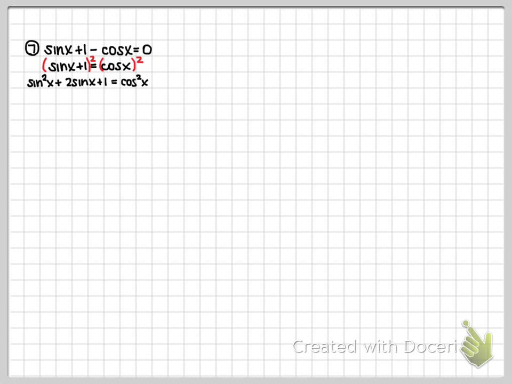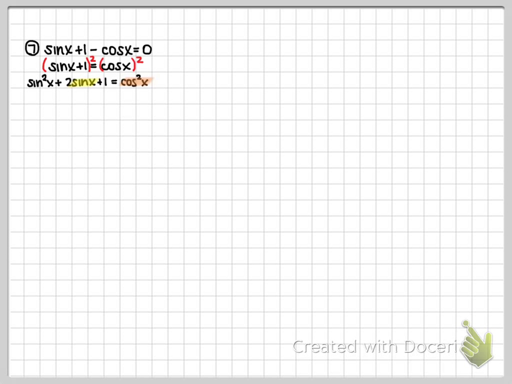So the only one in here that isn't squared is that sine x, which means I need to keep the sine x, and it'd be really nice if everybody else was sines. So on the right-hand side, I am going to change this cosine squared so that it is a sine. I'm going to use that Pythagorean identity that sine squared theta plus cosine squared theta equals 1 to try to get all of the same trig.